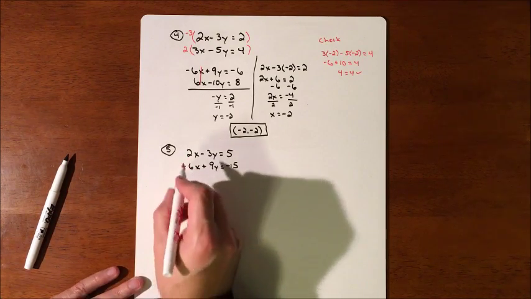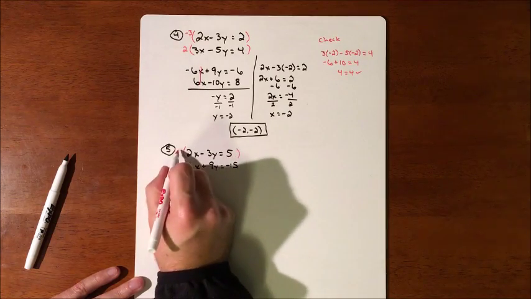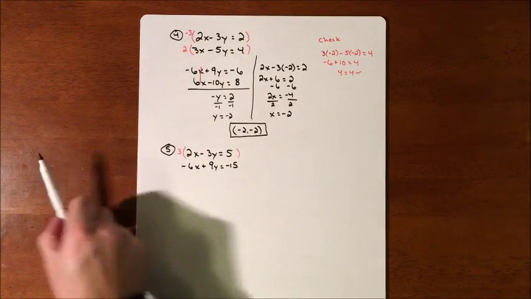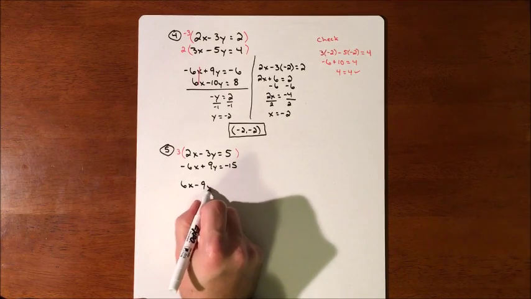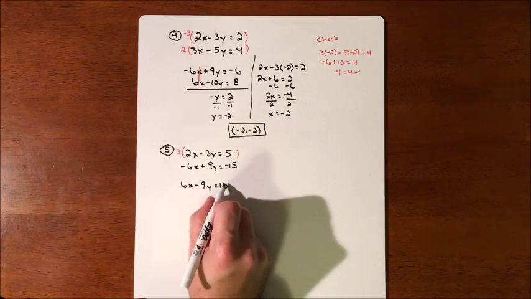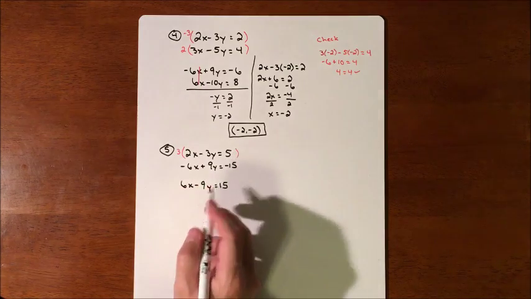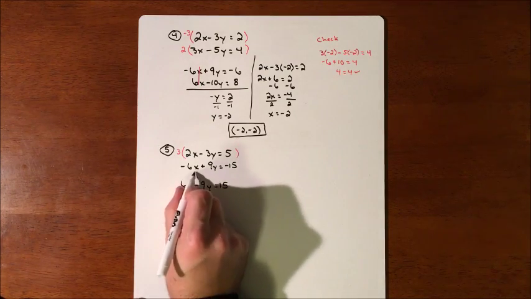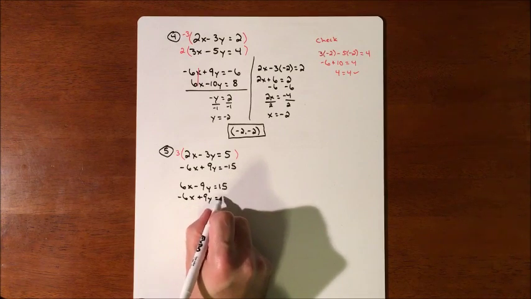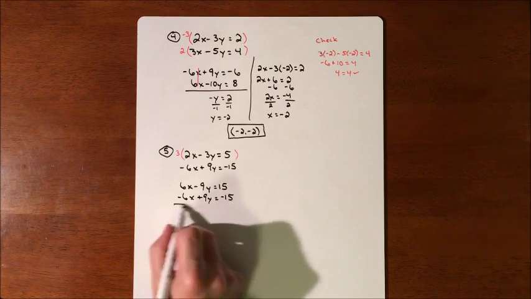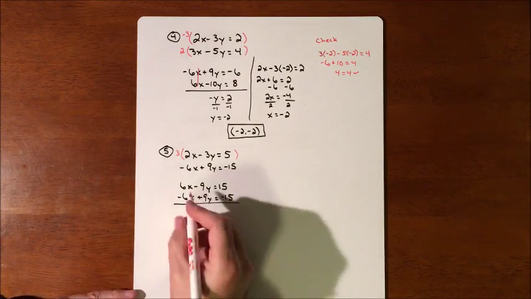We already have a negative on that one. It's great. So I'll multiply it by 3. So our new equation will be 6x minus 9y equals 15 after we distribute the 3 to every single piece. I'll rewrite, we didn't do anything to this equation, so we'll just rewrite that.